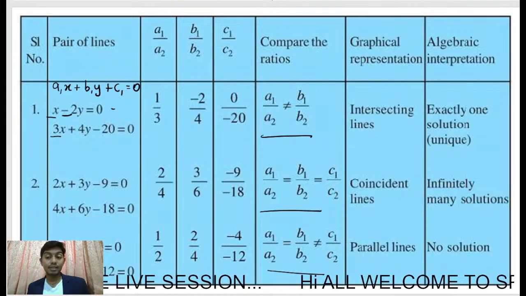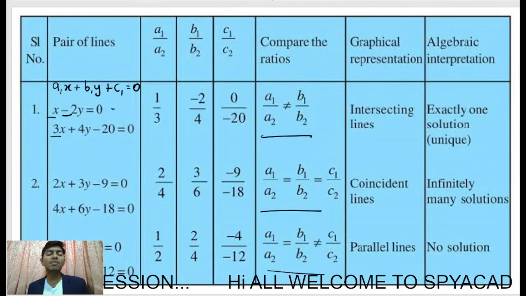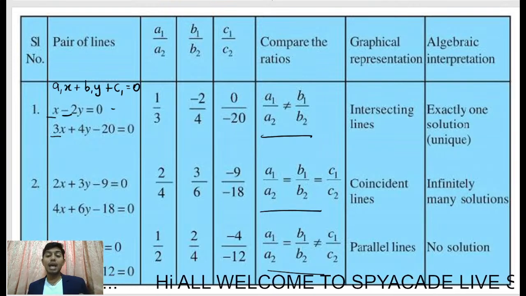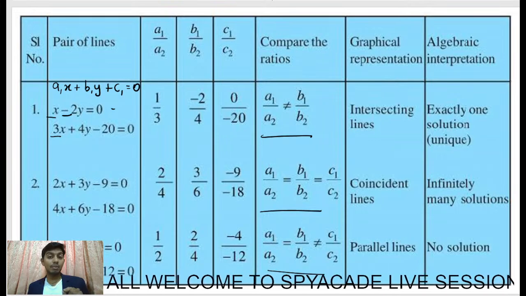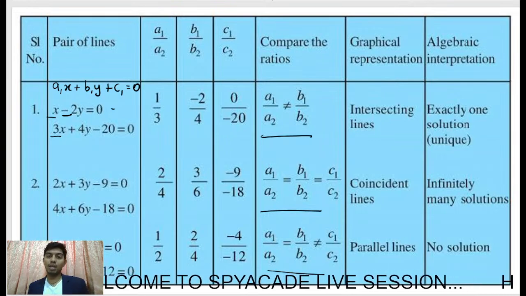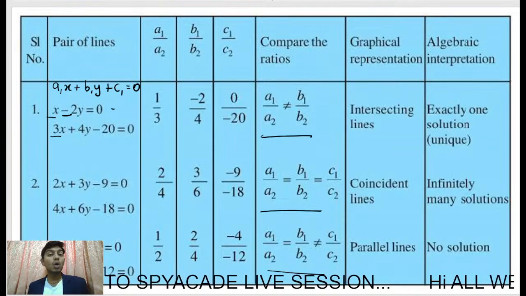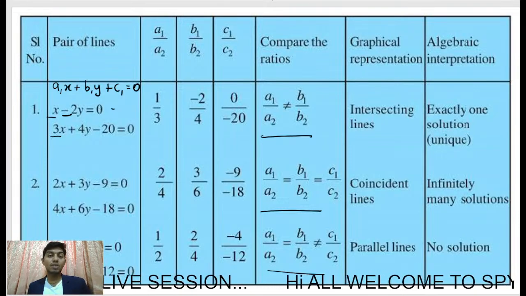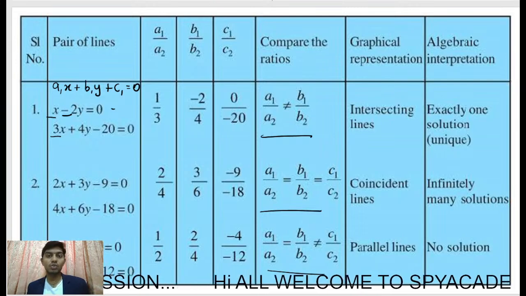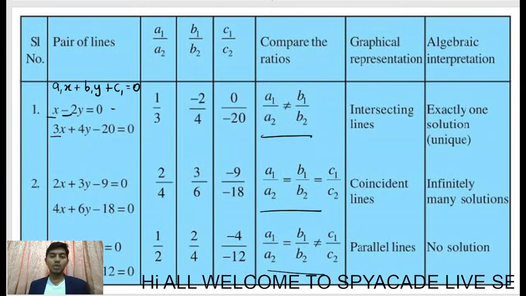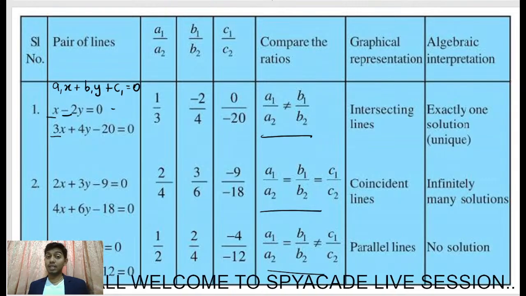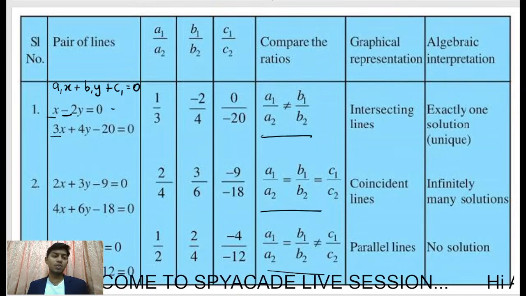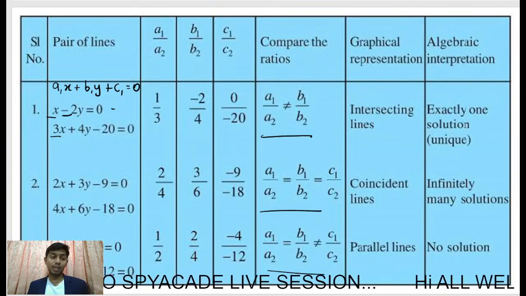That is coincident lines where you will be getting infinitely many solutions. And then the last one where a1 by a2 is equal to b1 by b2, and that is not equal to c1 by c2. That is parallel lines where you will not get any solutions. That is no solution, right? Hope it is clear for everyone. If you have any doubts or queries, please kindly reach out to me.